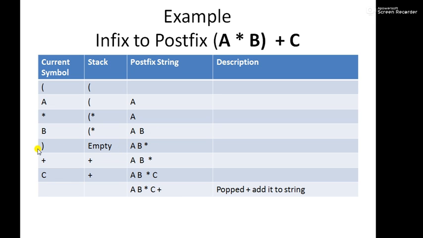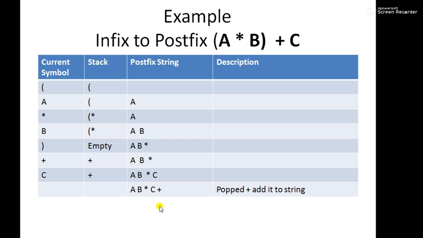Now the stack is empty. The next symbol is plus, so plus will be pushed into the stack and my postfix expression is AB star. The next symbol is C, an operand, so it will be added into the postfix expression. Finally there is no element left, so we pop out the element from the stack, which is the addition, and it is added into the postfix expression. So this is the final result.